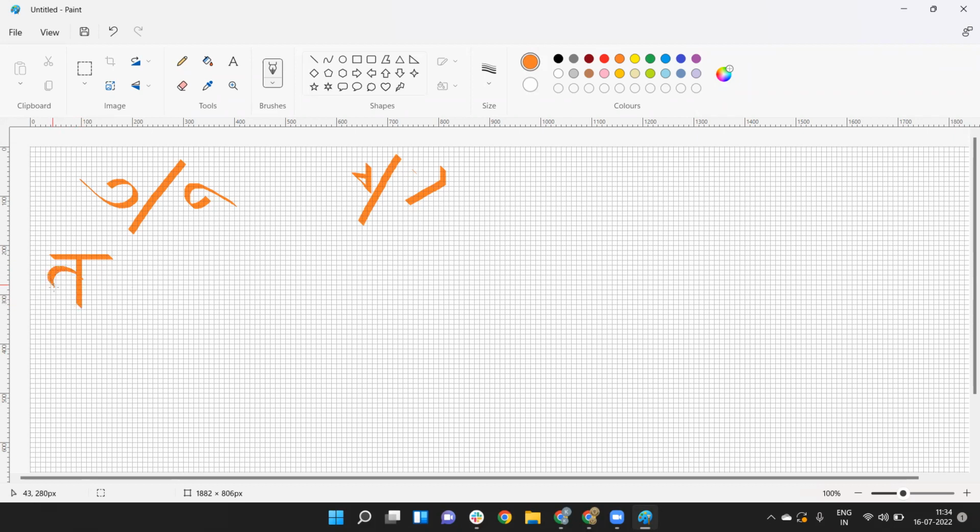So here I'll be writing only the Sharada letters. By now, I think you should be able to recognize the letters, so I'm not writing the Devanagari one here.